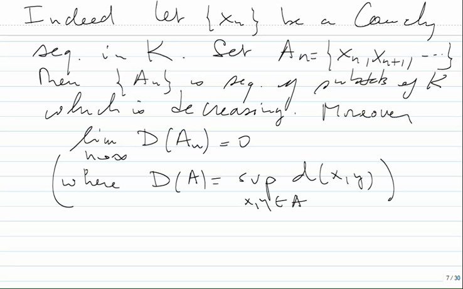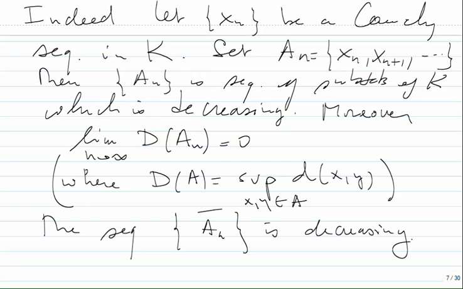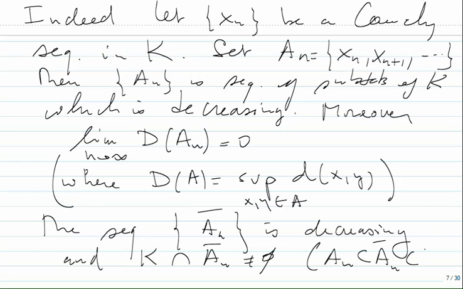Now, we know also that the diameter of a set and its closure are the same, and therefore the sequence of closures A_n bar is decreasing, and obviously K intersect A_n bar is not empty, because A_n bar contains A_n and is in K. K is compact, therefore it's closed, so it contains the closure of A_n.